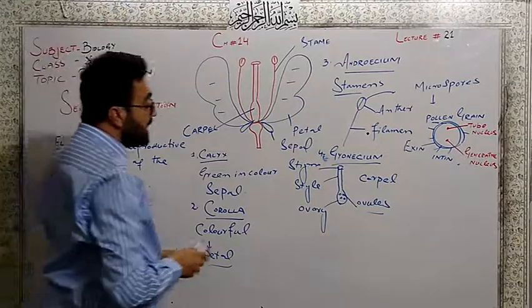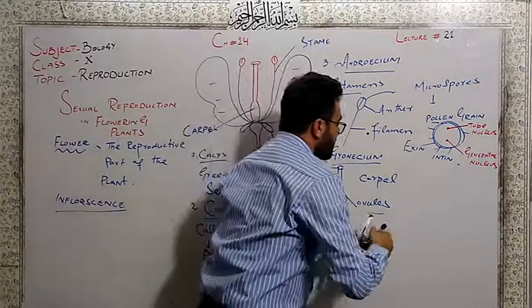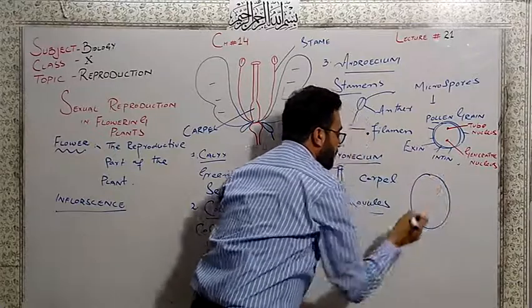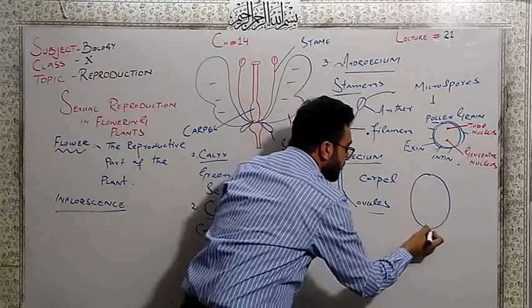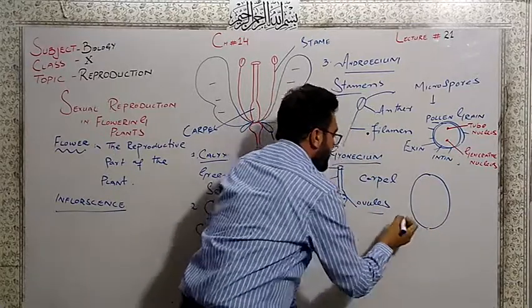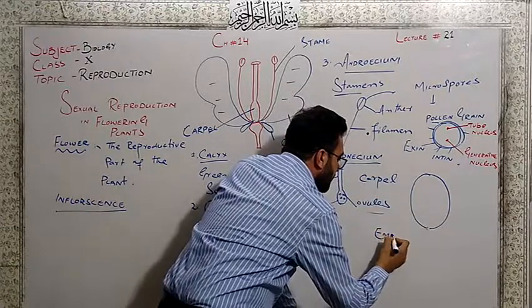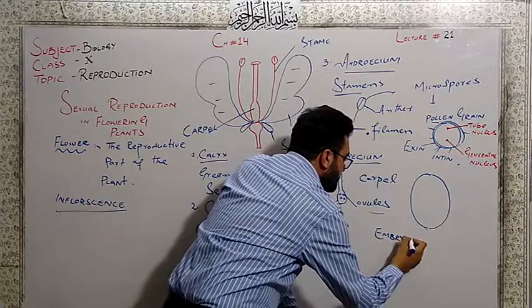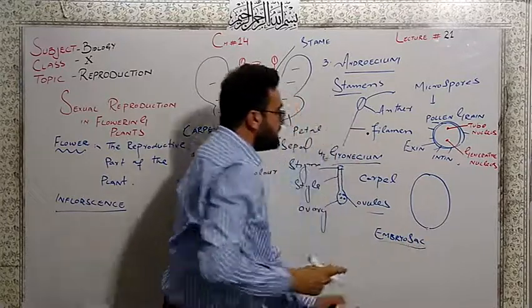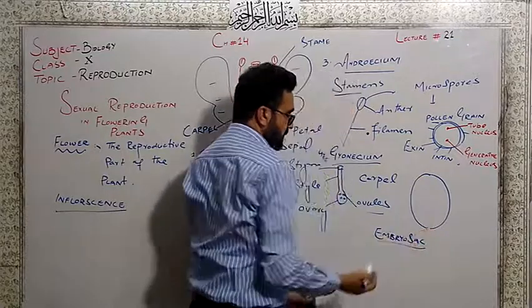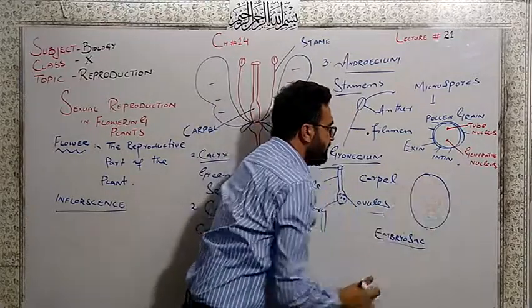Inside the ovule, we have the embryo sac. Please listen to this part carefully. The embryo sac consists of two ends.